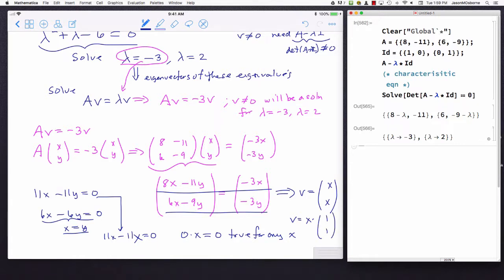So for an eigenvalue of negative 3, one of your eigenvectors, the simplest one, comes out to be 1, 1, which tells you that one of your straight line solutions is e to the negative 3t multiplied by 1, 1, which means that e to the negative 3t times (1, 1) is your y1 of t, one of your straight line solutions.